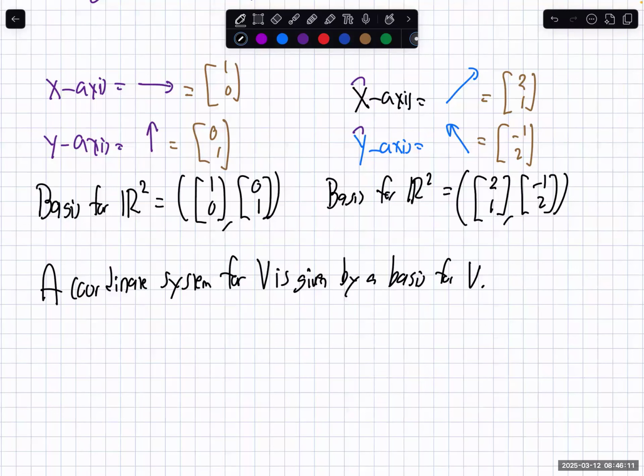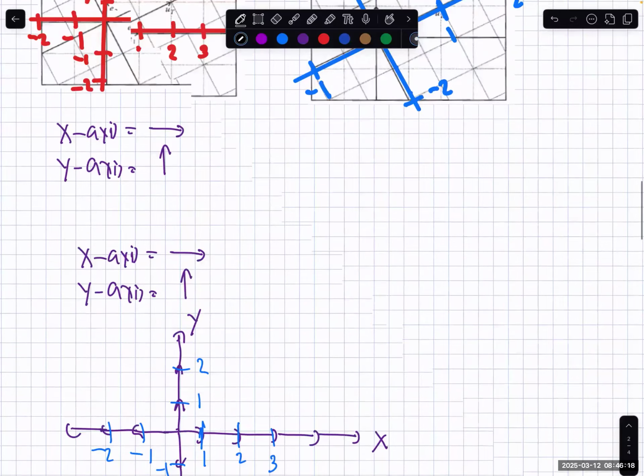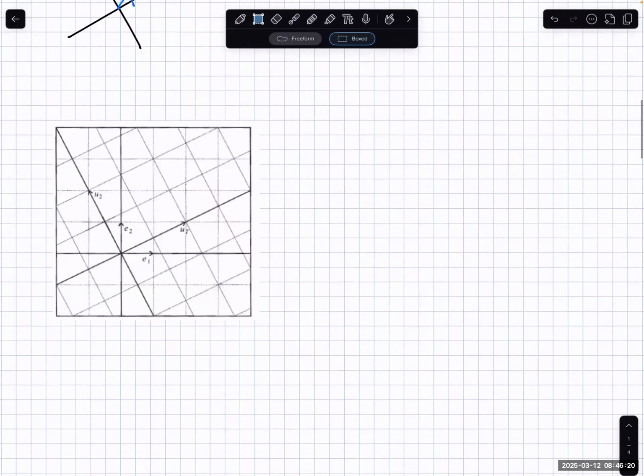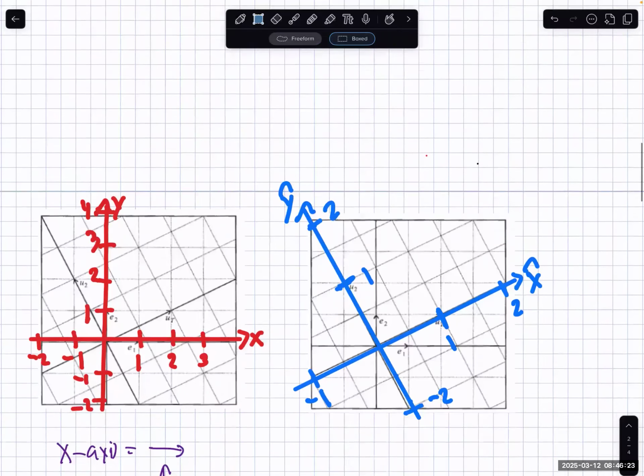First vector represents the x-axis, second vector is the y-axis. Okay, so actually, let me go back to this picture.